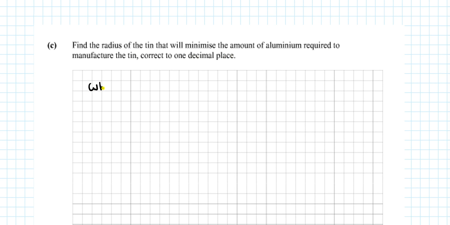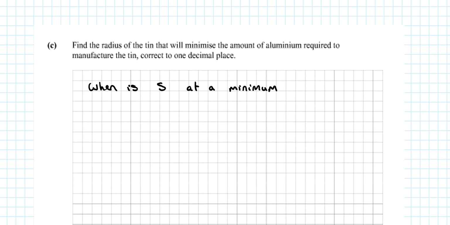So when is S at a minimum? Because S is actually the quantity of aluminium. Remember, it's the surface area.